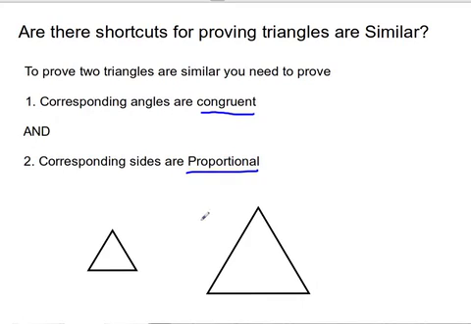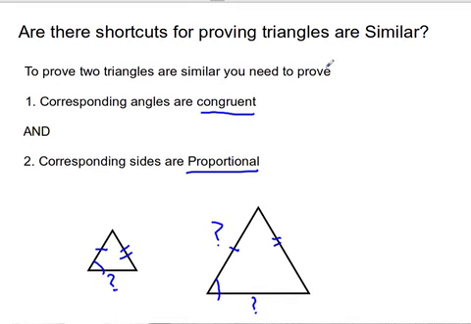And so does the same question exist then? Is this side proportional to this side? Is this side proportional to this side? What about this one? Is it proportional to this side? And then is this angle congruent to this angle and this angle, this one and this one, so on and so forth? And that's a lot of work.